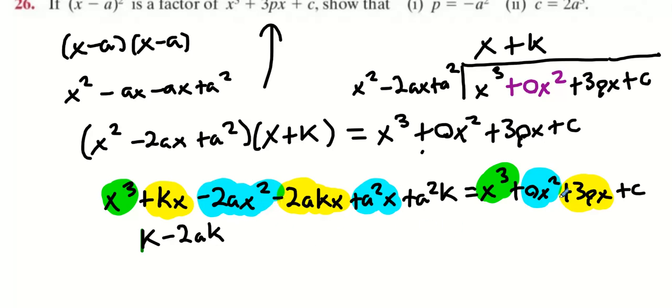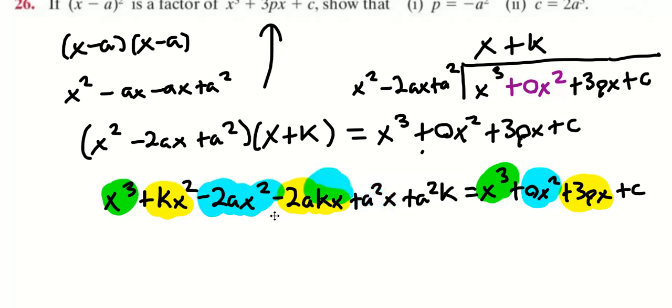We're talking about the yellows equals 3p. And then if we talk about the blues, oh wait a second, it's kx squared. Oh, he's correct. Immediately I got this one wrong. So that guy was correct. Well done, whoever spotted that.